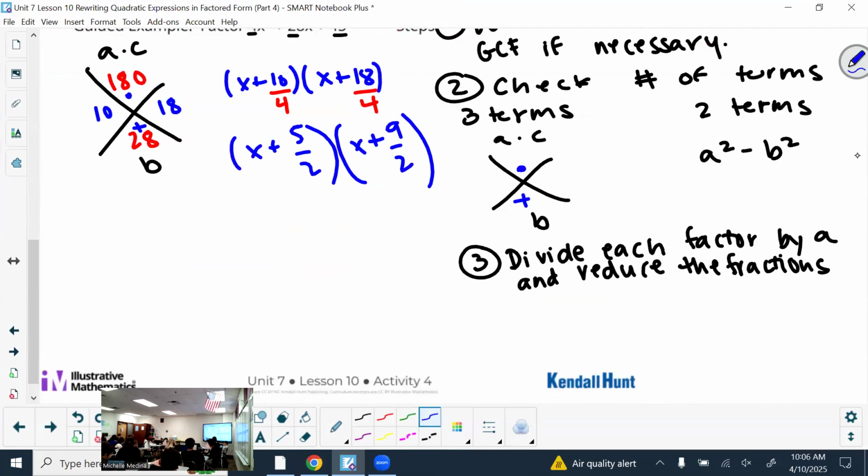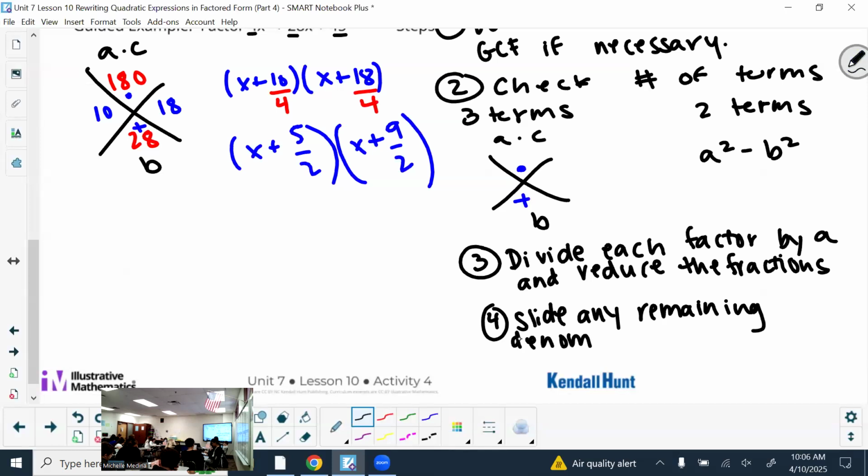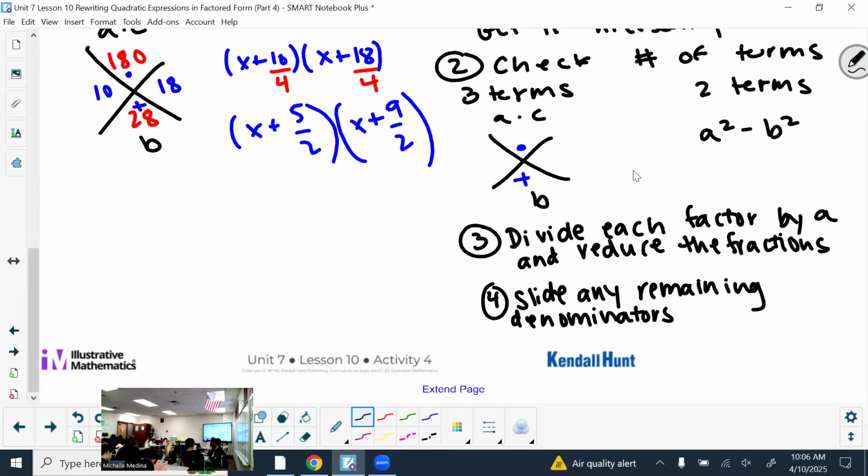But for the factored form, there's one more step. You need to slide any remaining denominators in front of the variable.